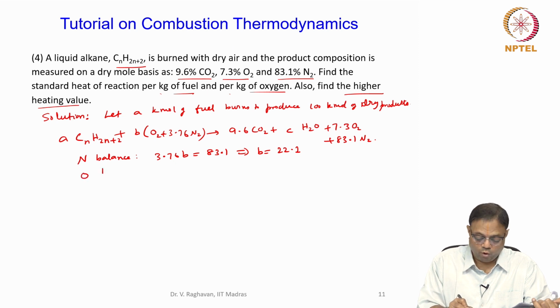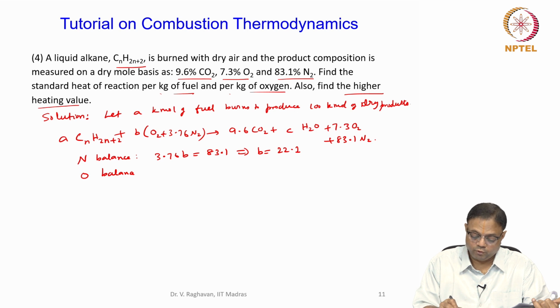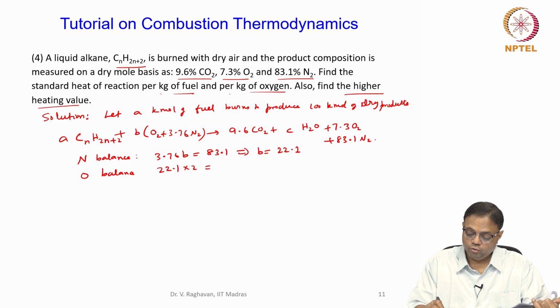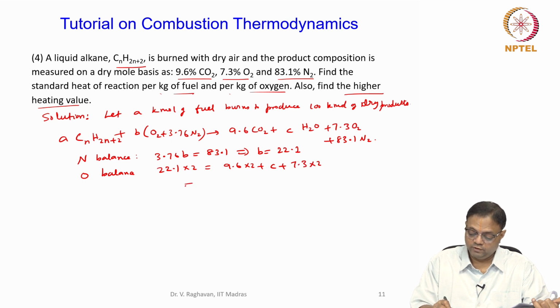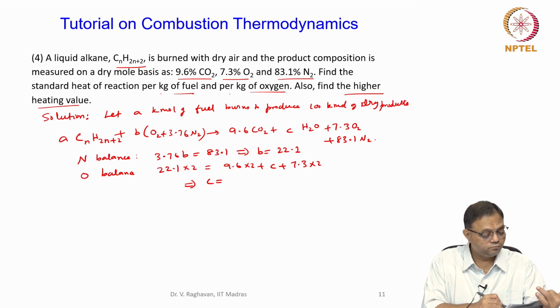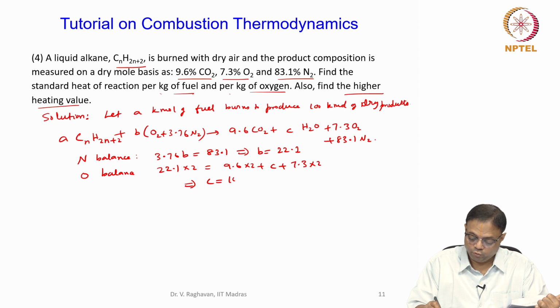Similarly, the O balance: B is 22.1, so 22.1 into 2 equals 9.6 into 2 plus C plus 7.3 into 2. So this will give C value as 10.4.